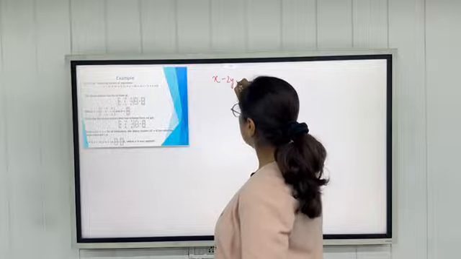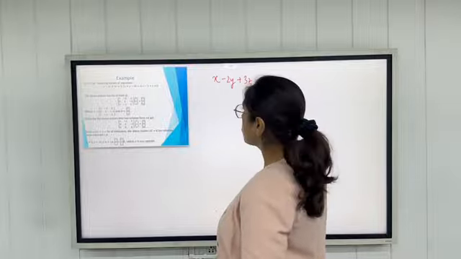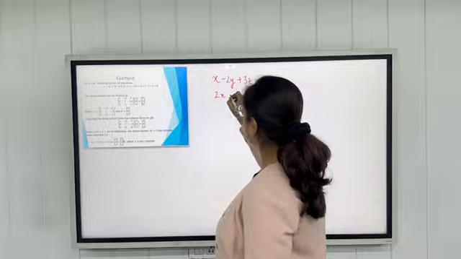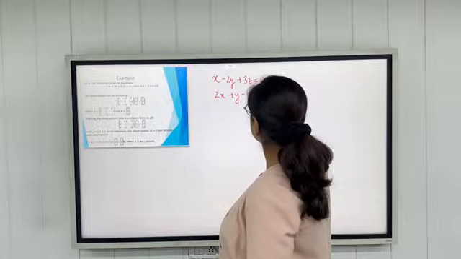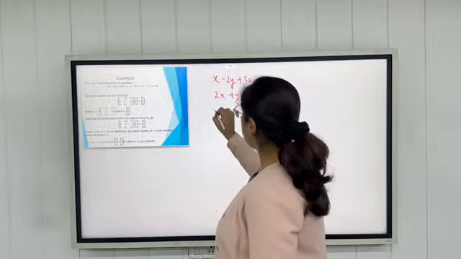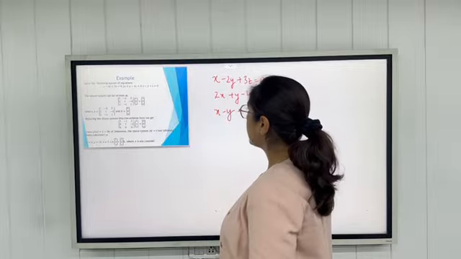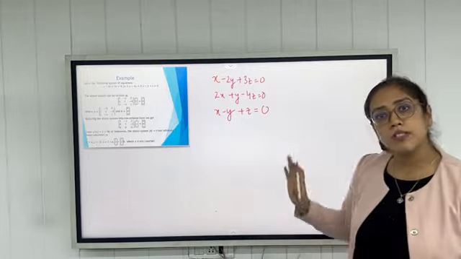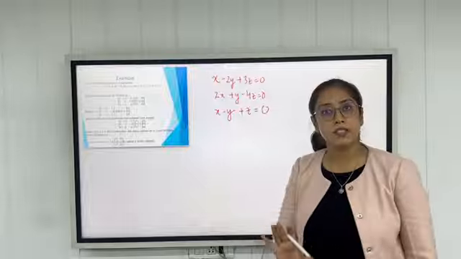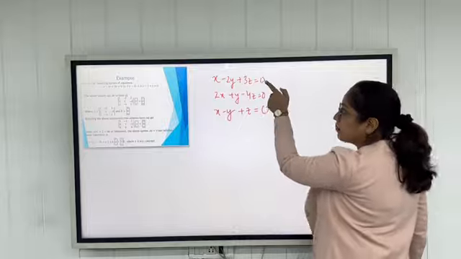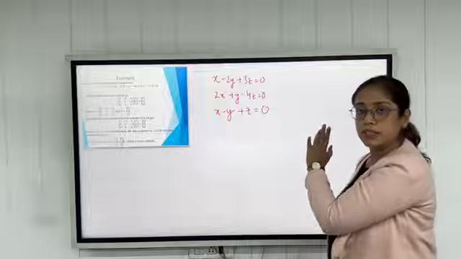x minus 2y plus 3z equals 0. 2x plus y minus 4z equals 0. x minus y plus z equals 0. This is clearly a homogeneous system of equations, because b1, b2, b3 are all 0 in this case.